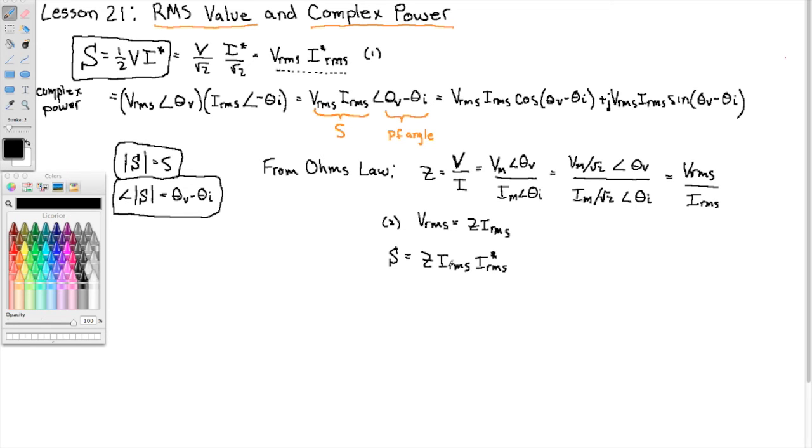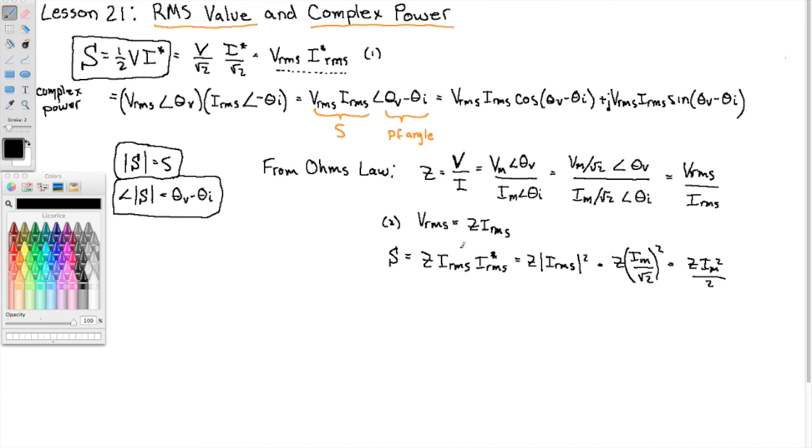When I take a complex number times its complex conjugate, I get the magnitude squared. The magnitude of this thing is just that amplitude over the square root of 2. So this is Z times Im over the square root of 2, all of that squared. So this is Z Im squared over 2.